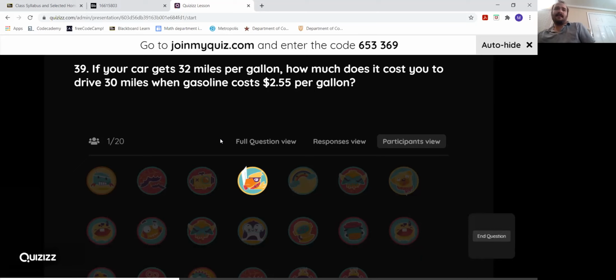32 miles. And the name of the game is, how do I get miles to simplify? What else is there that has miles in it? I see 32 miles per gallon. So 32 miles, and I'm dividing that by 1 gallon. I know I want to end up with cost.